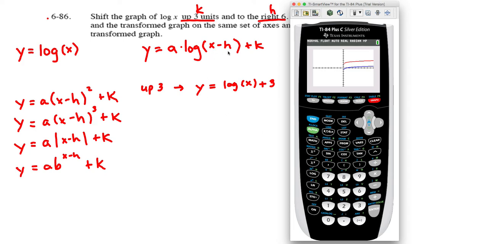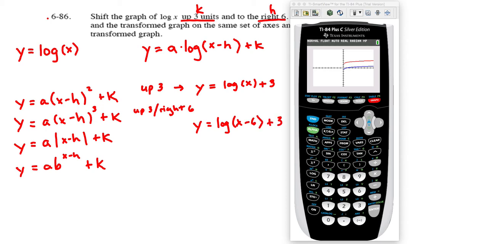Well, let's see if the h holds true. We want to shift it to the right 6 units. So we're going to have to plug in that 6 for our h. So if we're going up 3 and right 6, we're going to do y equals the log of, and if we wanted to go to the right, remember that's going to be like saying x minus 6, plus 3.